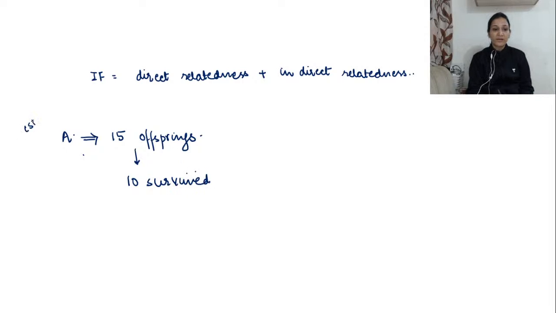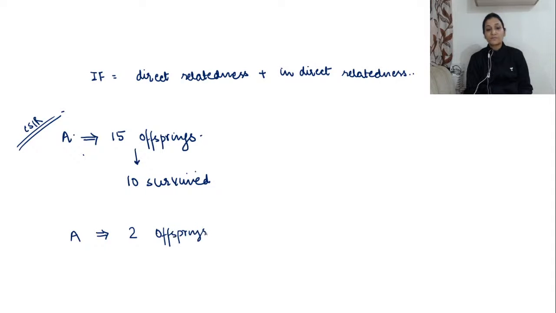This is a pattern of CSIR previous year question. So 10 survived, and this A actually helped to raise two offsprings of full sisters. So how are we going to use it?